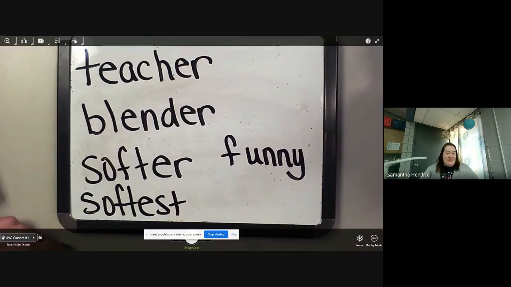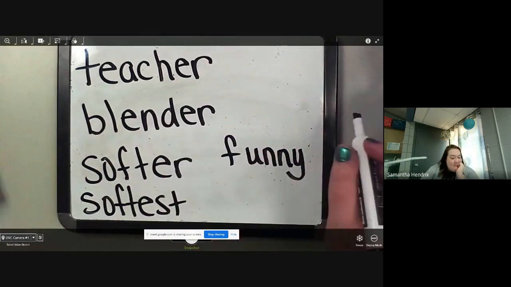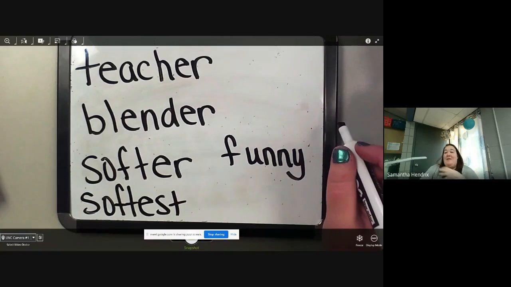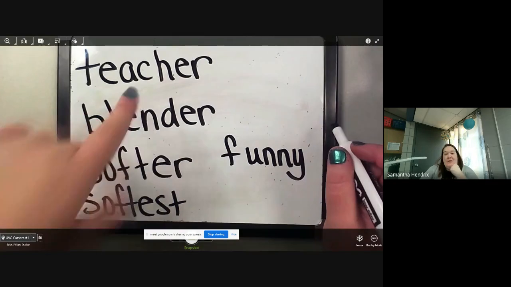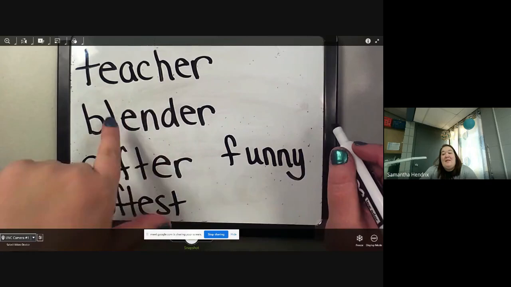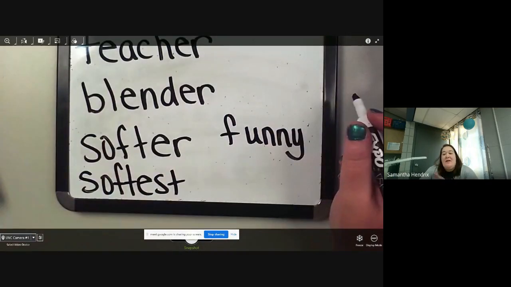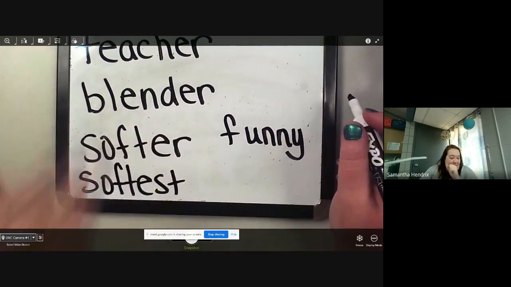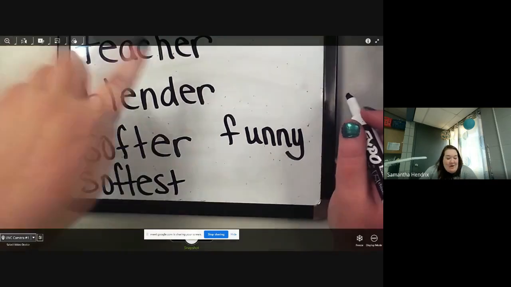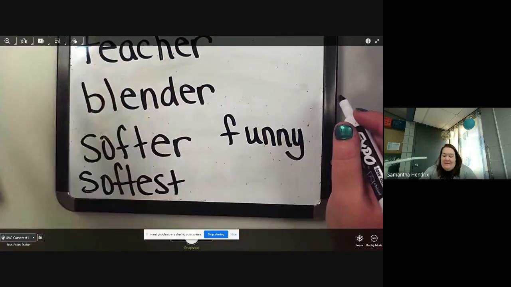So what do you think the suffix ER means? We have teacher, blender, and softer. I'm a teacher. What do I do? I teach. What does a blender do? It blends. And if something is softer, it's soft, right? So when you add ER to a word, it can mean someone or something that does that.